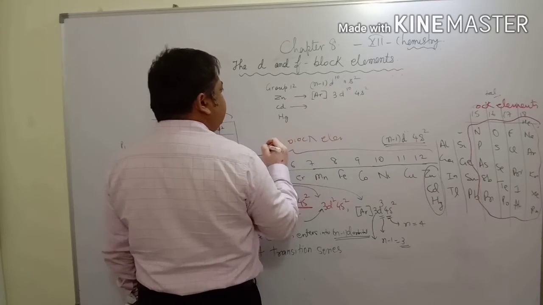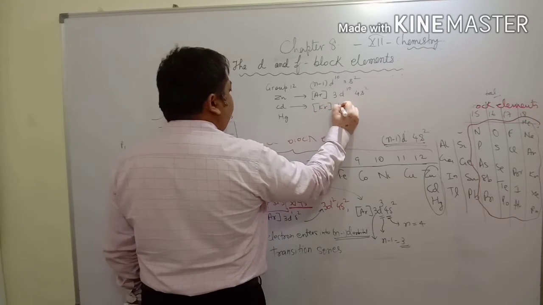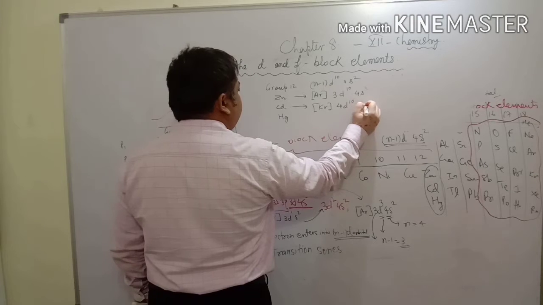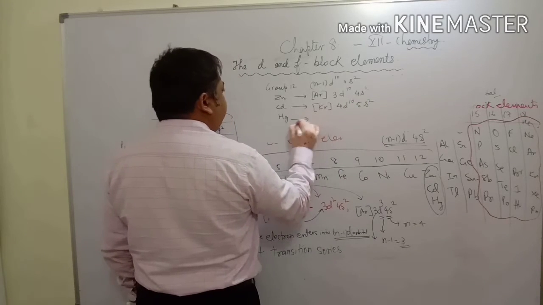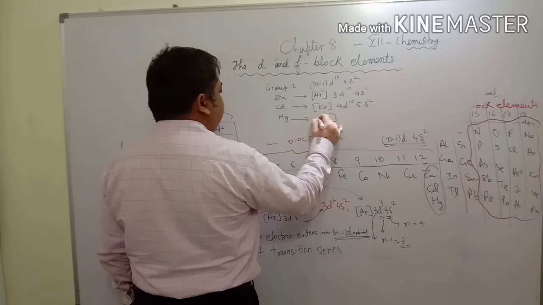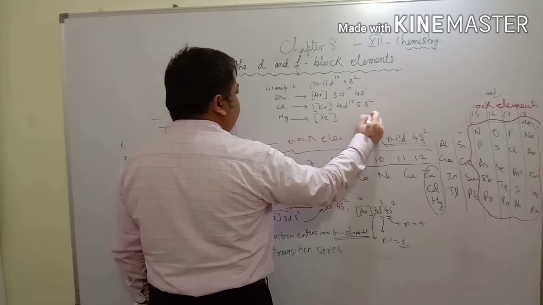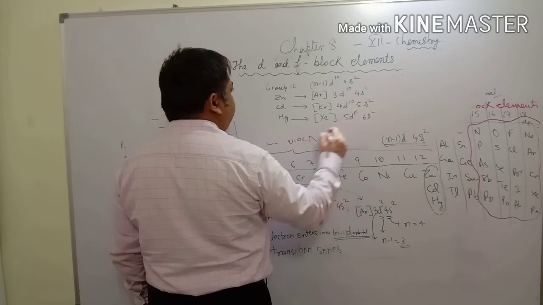For cadmium it is krypton 4d10 5s2. For mercury it is xenon 6s2 5d10.